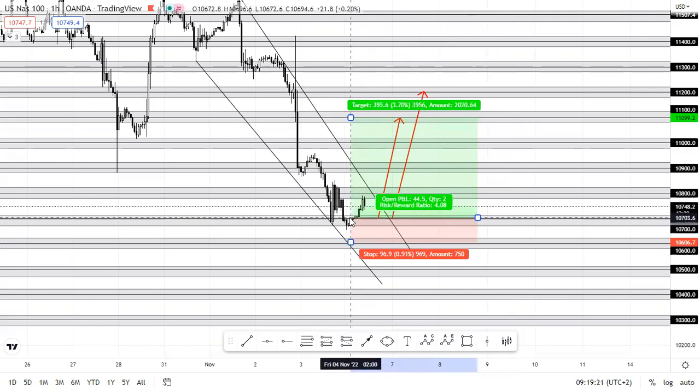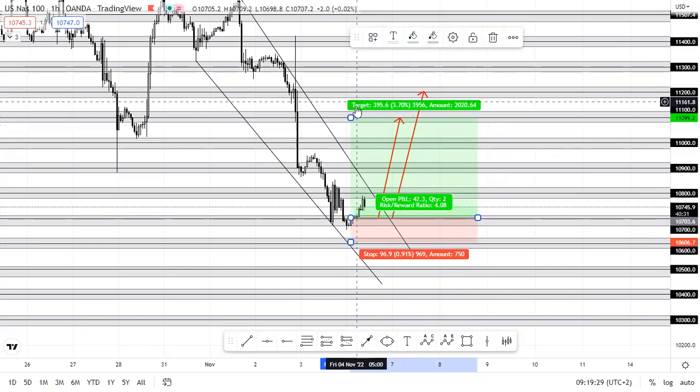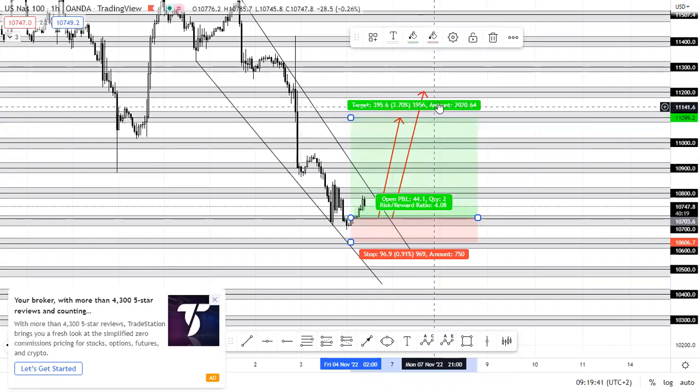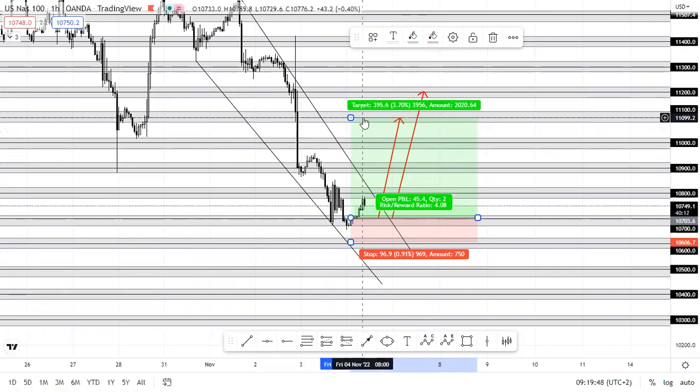So you could take your entry right now, use the stop loss here at 10,600, and your take profit would be here at 11,100. And if you take more risk as a trader, your next take profit would be here at 11,200. But I would suggest that you keep it at 11,100.